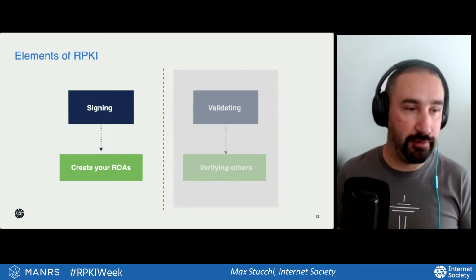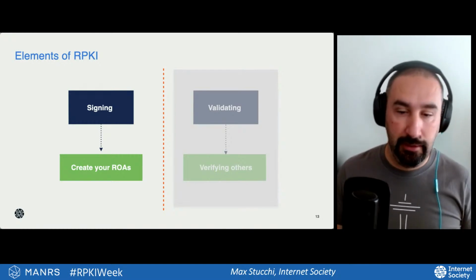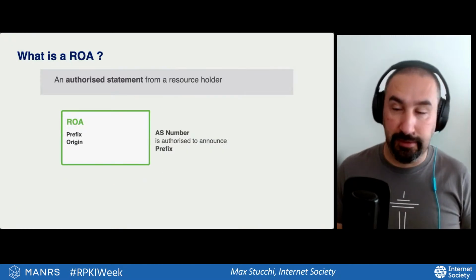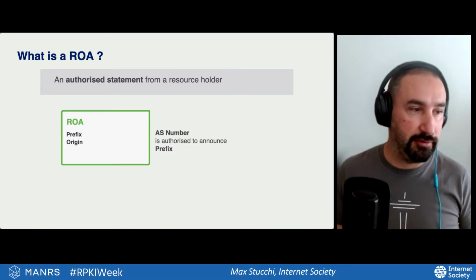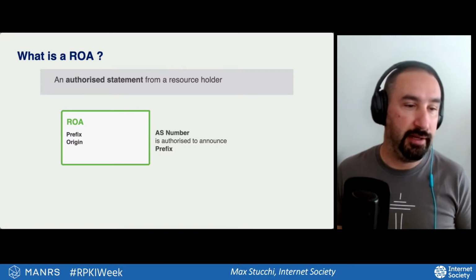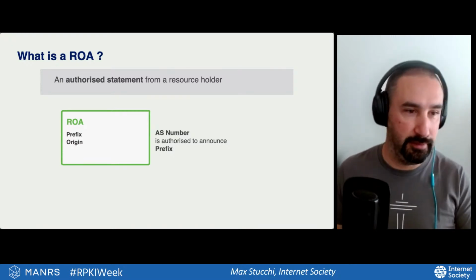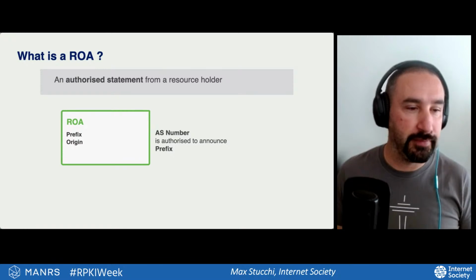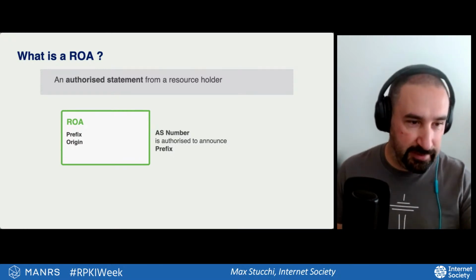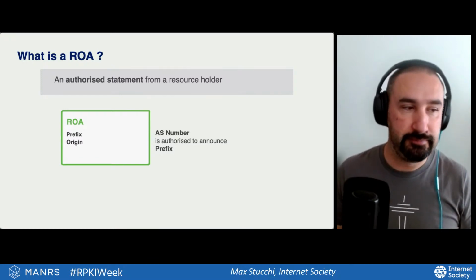So for now, we are focusing on the left side, on the signature, and we're talking about ROAs. A ROA is a statement, a file that contains a prefix, an origin, and then there is an additional piece of information. Wait a moment. So this ROA for now is telling us this AS number is authorized to announce this prefix.